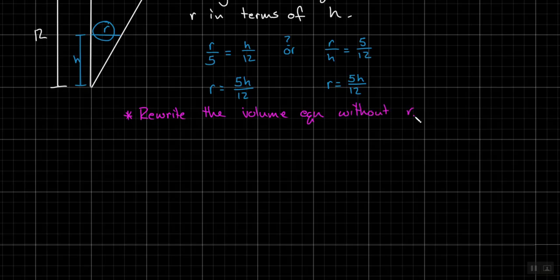When we tried it the first time, it was a good thought, but we couldn't plug in everything. So when we write our equation, we know the volume is going to be 1/3 pi, and I'm just going to write this as pi thirds.